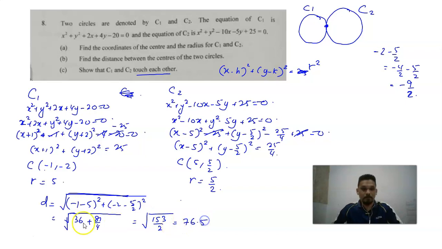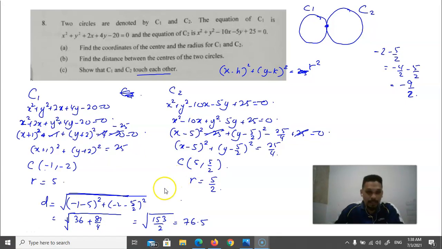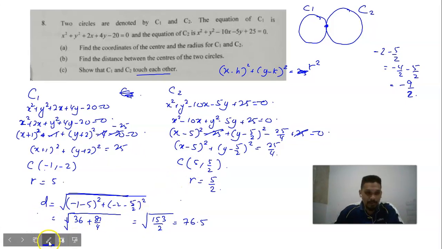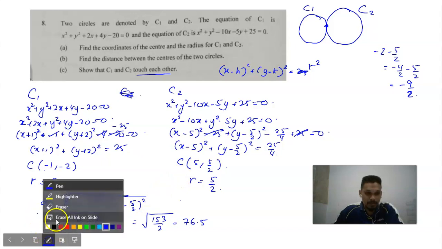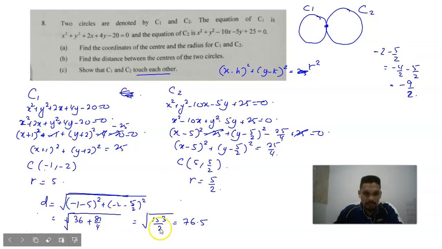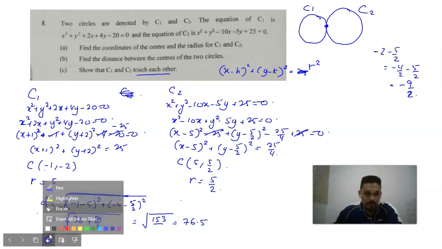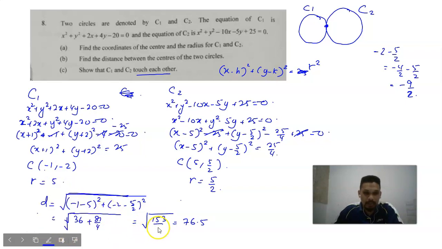Okay, class, let me recall my mistake again here. It's supposed to be 4 here, not 2. So 153 divided by 4.